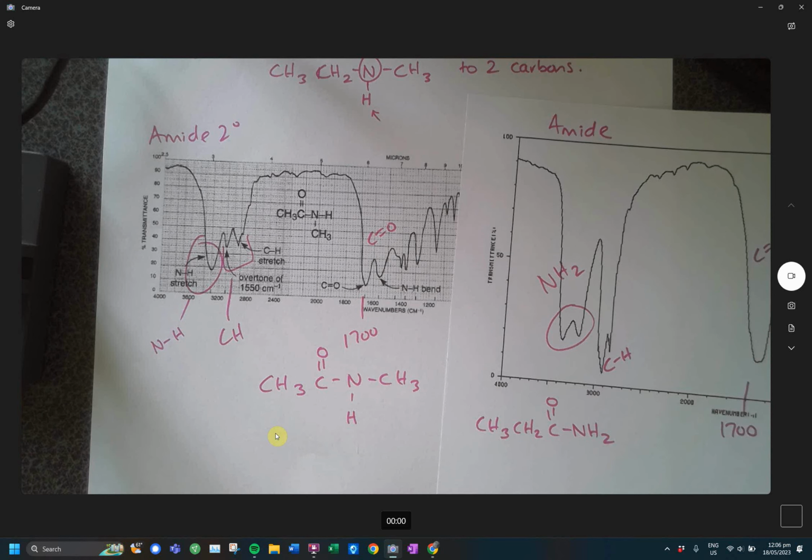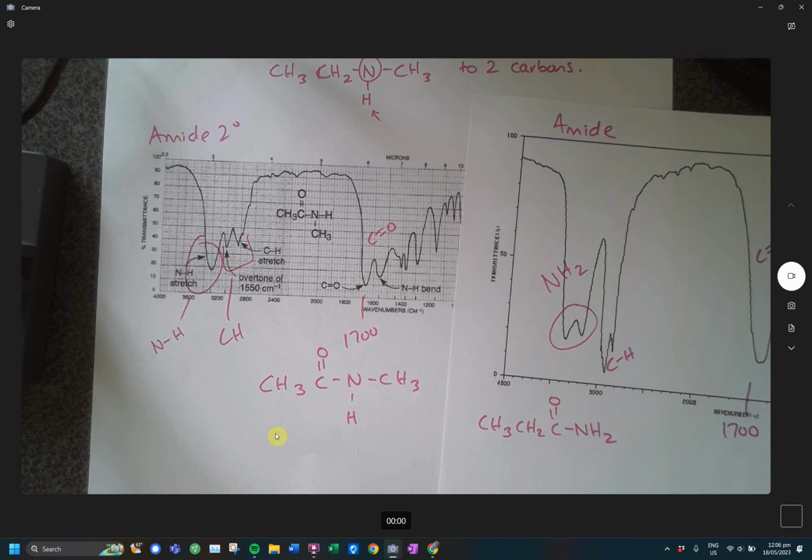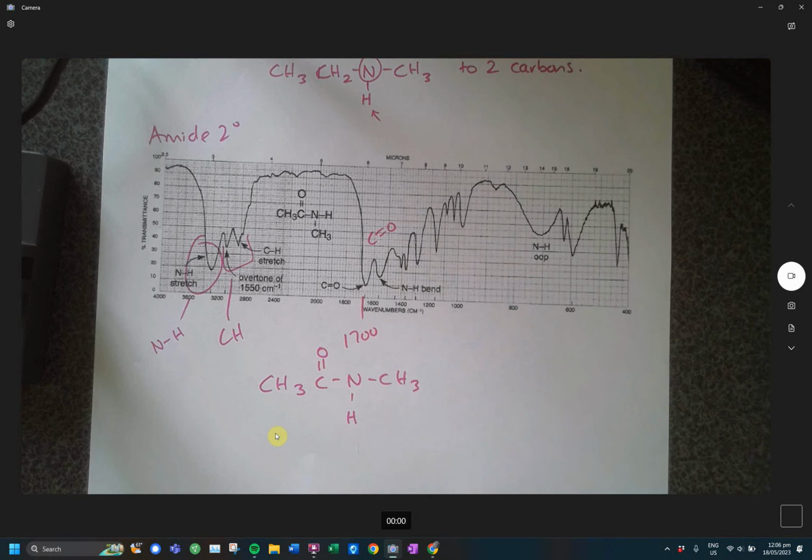Trying to think what else I want to say about it. The other thing is that you'll have the other spectra, and something else to note so you can double check whether you have an amine or an amide is that the molecular mass will be an odd number. So if nitrogen's present, the molecular mass is an odd number. I'll just make that note here and I'll show you on one of the examples.